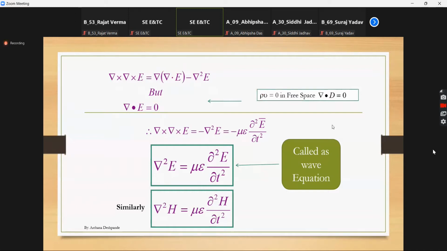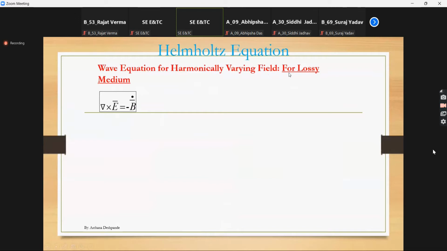After this is done, now we are going ahead and we are going to see what is called the harmonic wave equation for harmonically varying fields. So why are we going into harmonically varying fields? Because in engineering, the fields which we come across are time varying, because we always deal with AC signals.